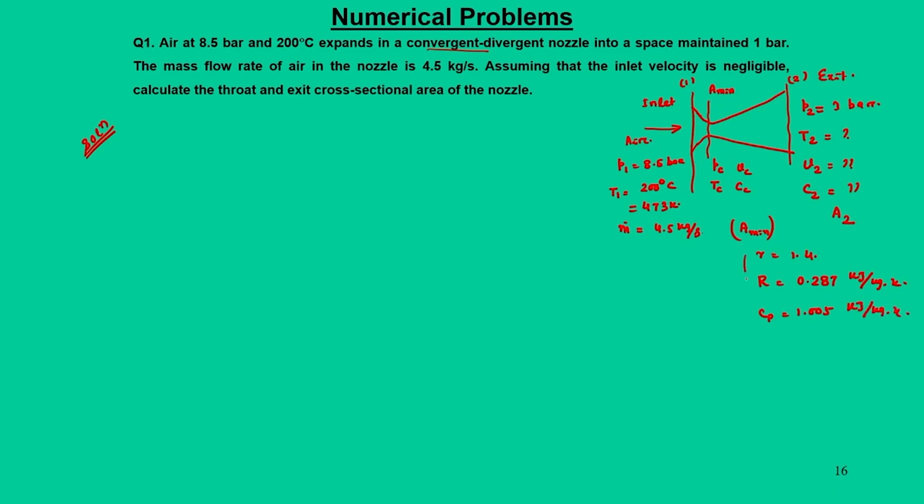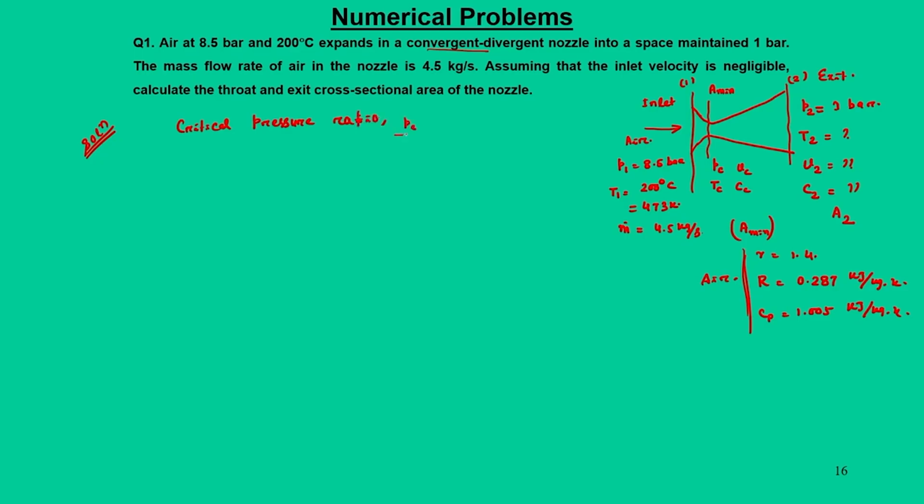So, this information is required for air. Now, what we need to know is the critical pressure ratio, because critical pressure ratio is required when you find out the minimum area.